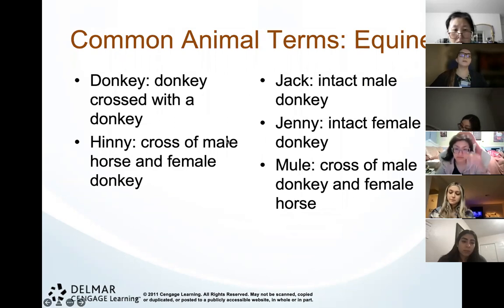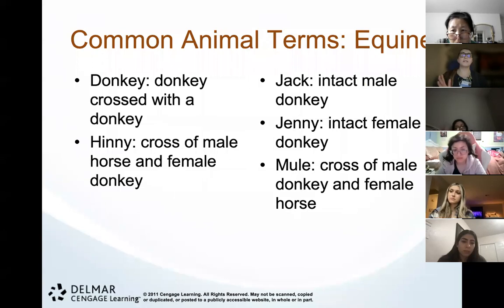And we don't want to be breeding a large horse with a small female, because then we risk the fetus being too large, possibly fracturing or breaking the pelvis of that equine when they're trying to give birth. So for the most part, we don't see hinnies very often at all, unless the male horse is very small or similar in size to that female donkey.